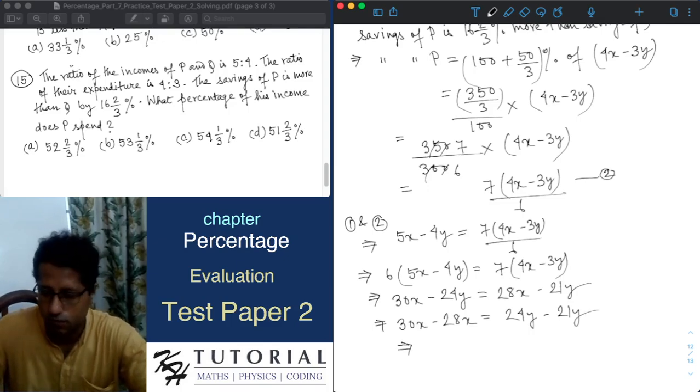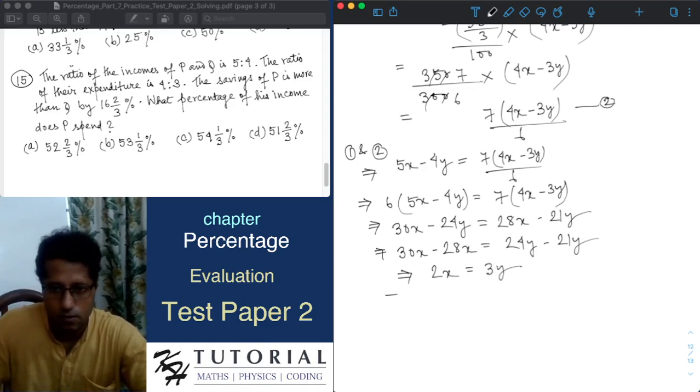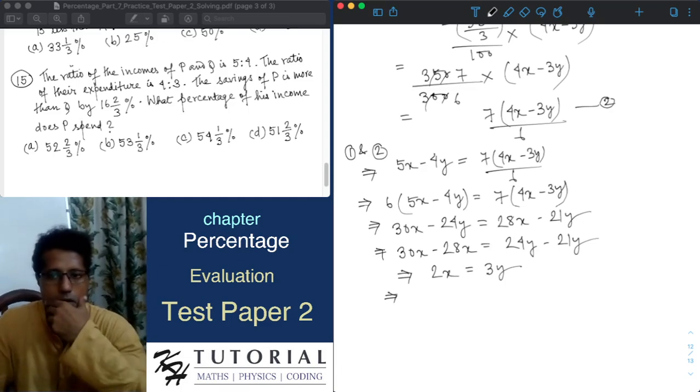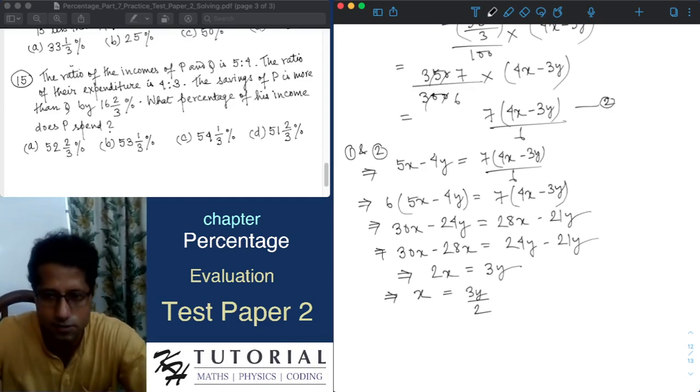If we simplify further, we get 2x equals 3y. So x equals 3y by 2. Okay, we got x in terms of y.